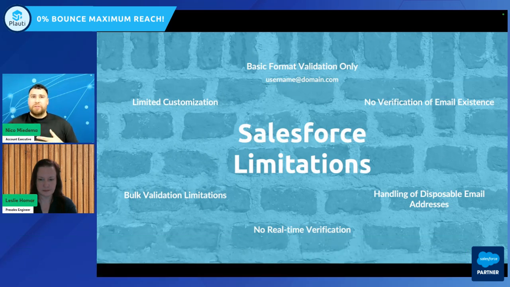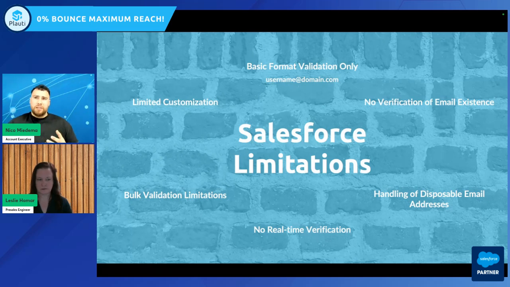Another one, no verification of email existence. It doesn't let you know if the address actually exists. It just knows that the format is correct, right? So it won't check the domain to see if it can receive an email in that sense. Limited customization. While Salesforce allows for some customization, there's only a little bit there.